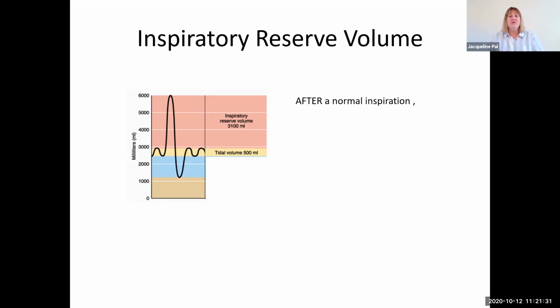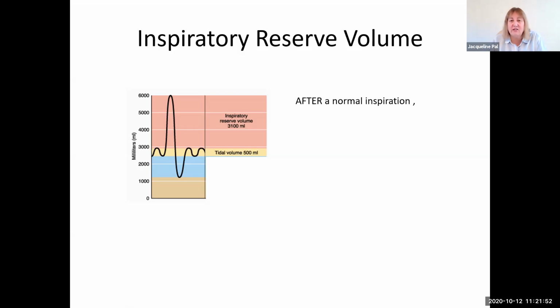Now, after that normal inspiration, here in yellow, you saw that we were able to take a significantly larger breath if we needed to. We don't normally breathe like that.